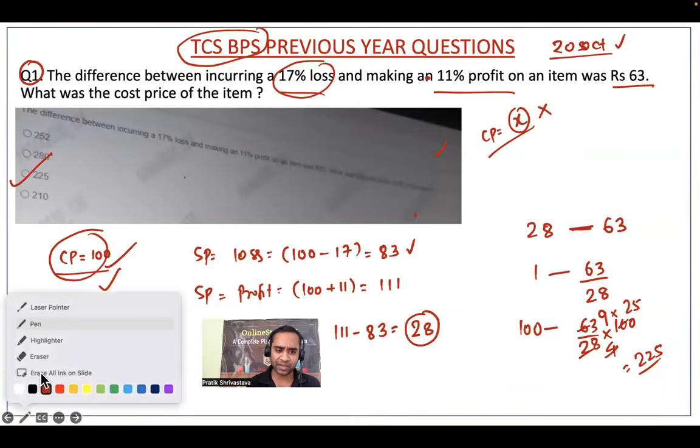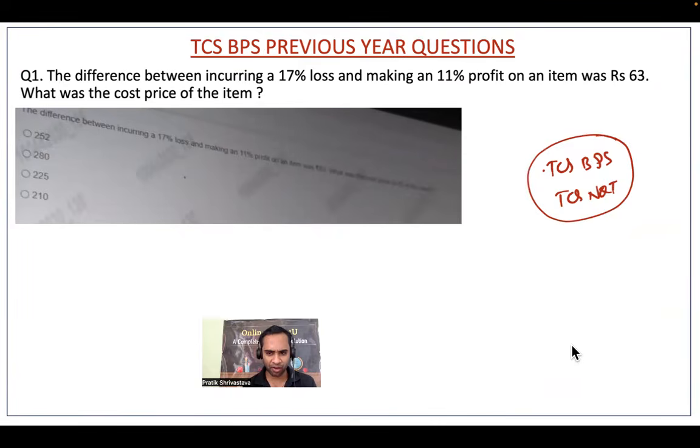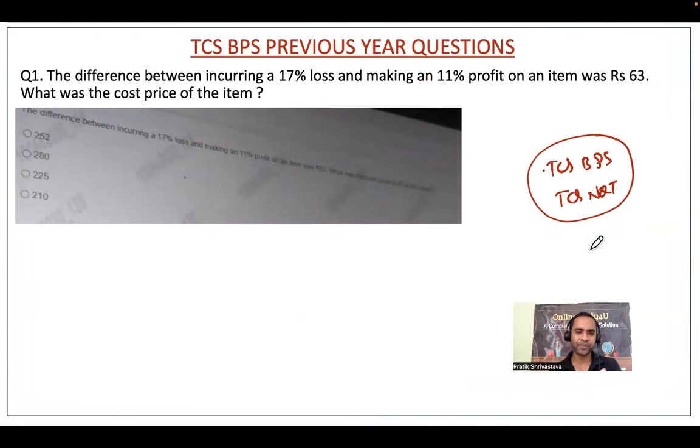One more thing I wanted to tell you, friends. The level of TCS BPS and the level of TCS NQT are the same, so the questions will not be that easy. Now, the question which I did here, you could have done in hardly 30 to 40 seconds. You know cost price you can take 100, then loss will be 83 and profit will be 111.